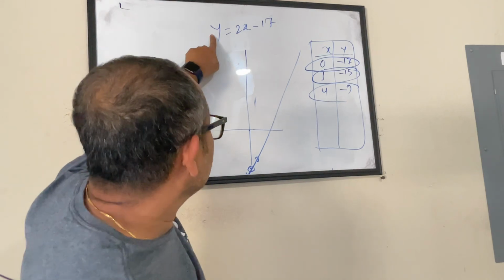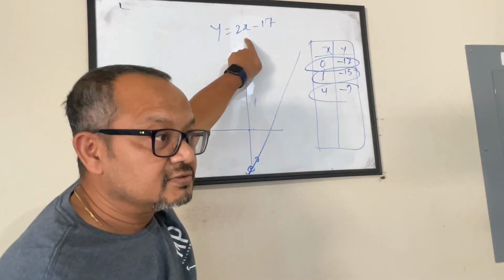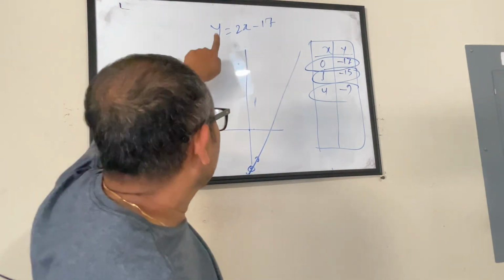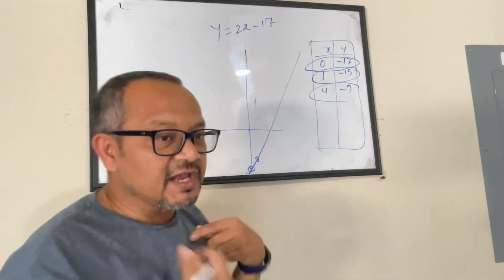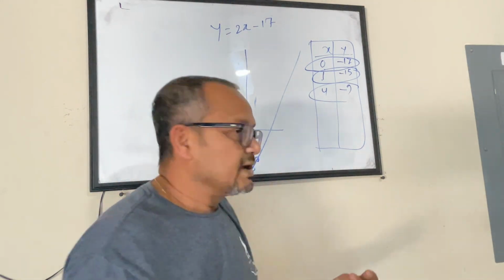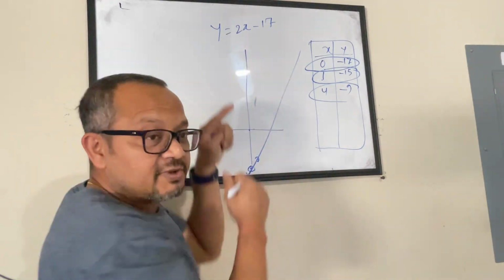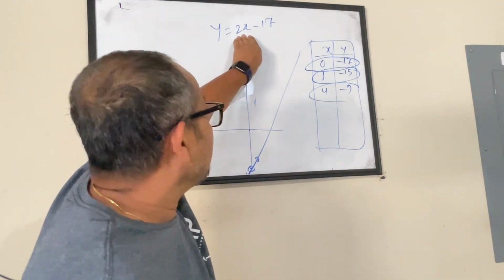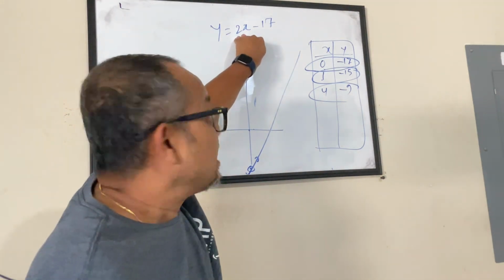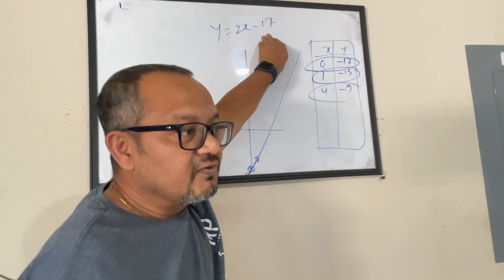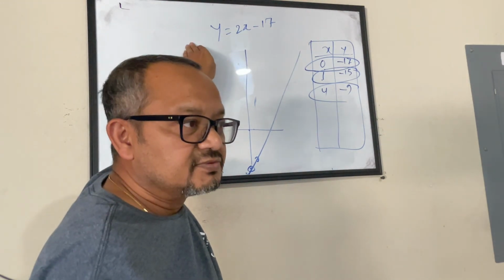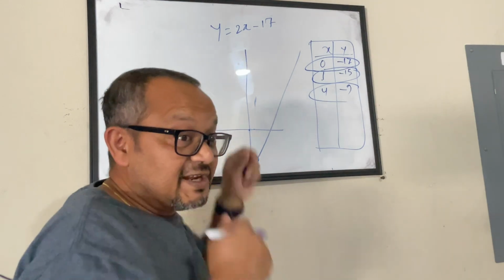Let's say I am x and you are y. So the deal between you and me is that 2 times my value minus 17 would be your value. So this is a deal.